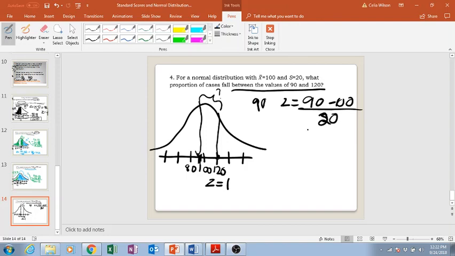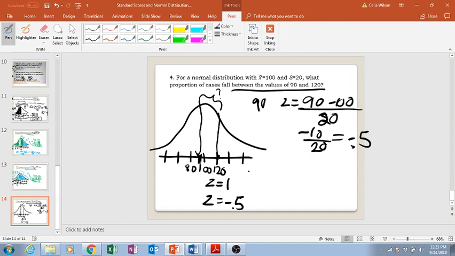So we've got 90 minus 100, which is -10, divided by 20, which equals -0.5. So I have one z of 1 and one z of -0.5, and for our table, we're just going to disregard this negative.